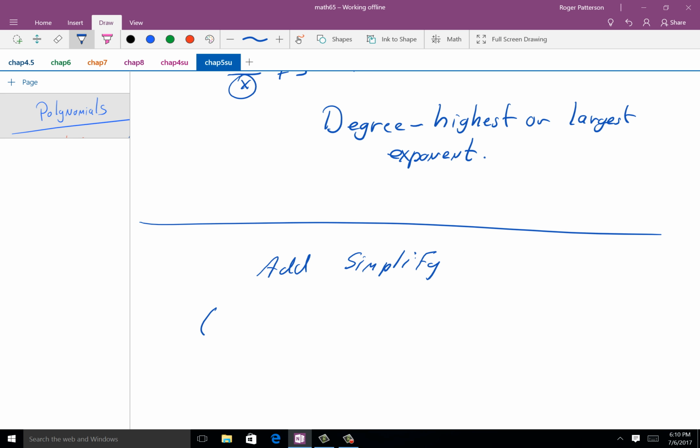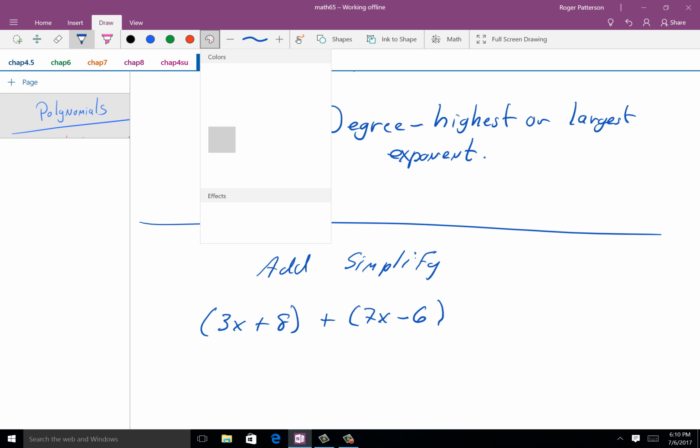So let me give you an example here. And I'm going to put parentheses around the polynomials because that's kind of what they do in the book. Okay, so we're just going to add these polynomials. When you add or subtract a polynomial, you do that to the like terms only.